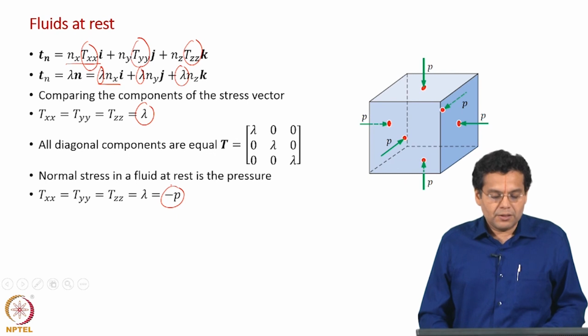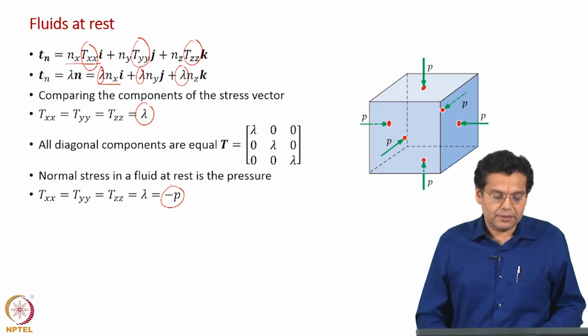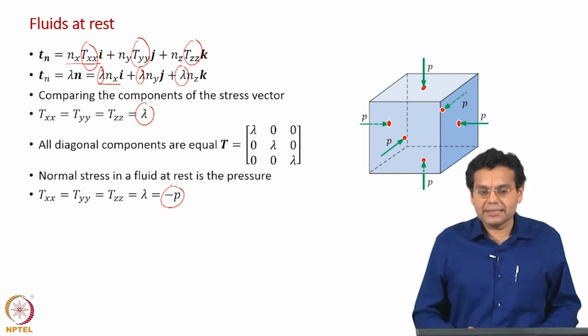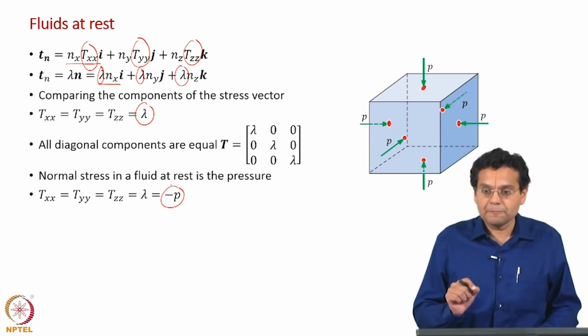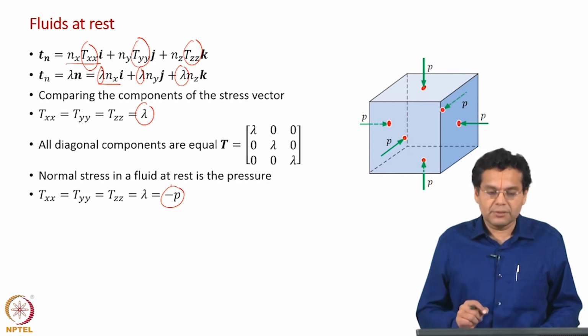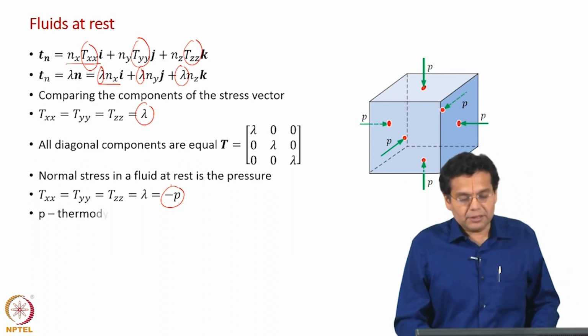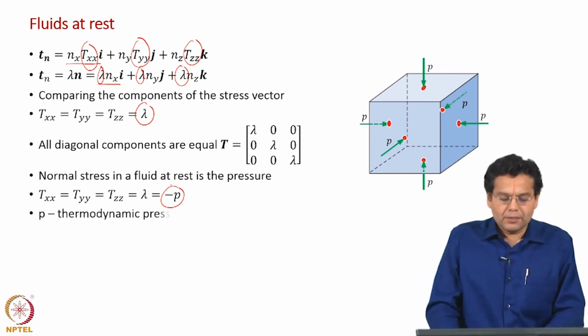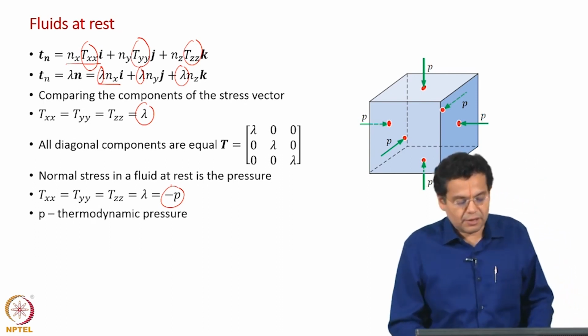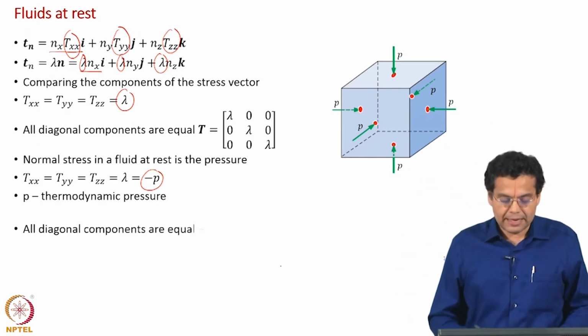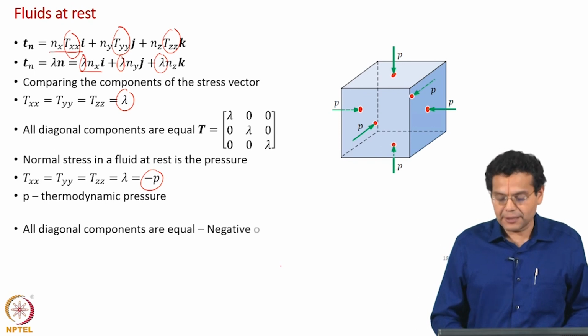So, all the normal stresses are equal. In a fluid under static condition, the normal stress is pressure, and because pressure is compressive, it is negative p. All the diagonal components are the same and they are the negative of pressure.